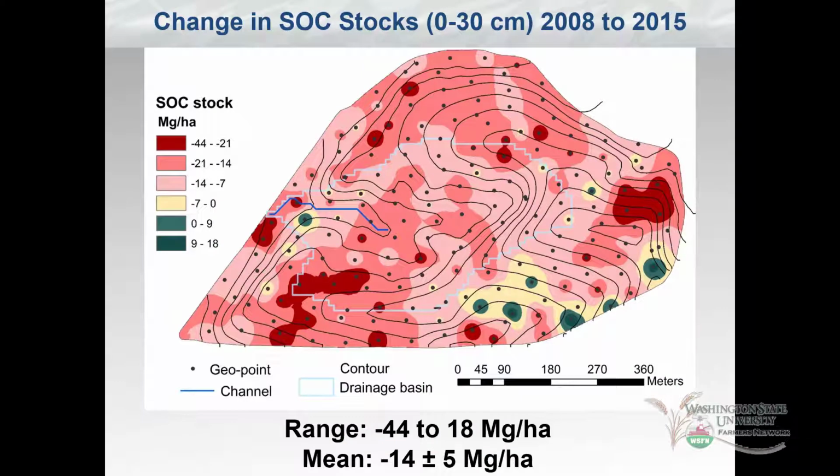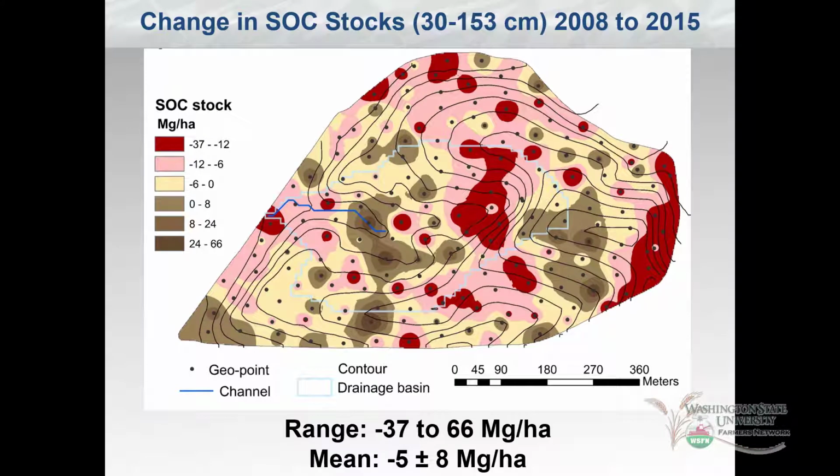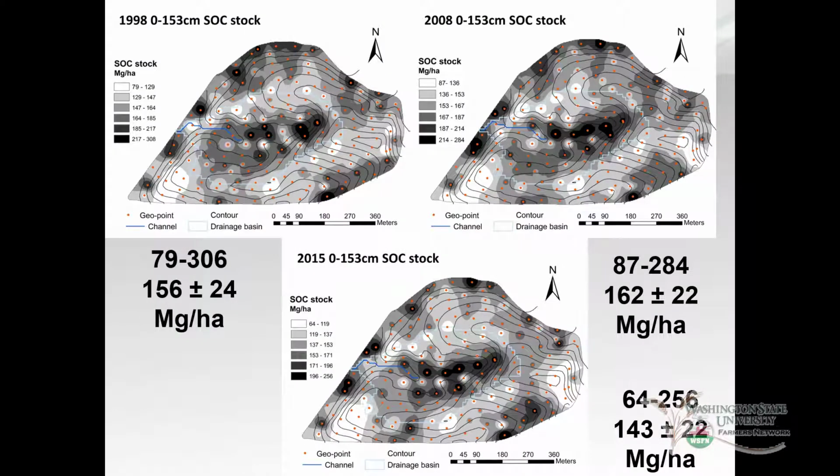So stocks down in the top 30 centimeters, this is the change. And then stocks in the subsoil, bad news again, they continue to go down at about the same rate. So another 4 basically megagrams per hectare we've lost during the course of time. And so that's kind of the story of stock changes, again, -5 megagrams per hectare.